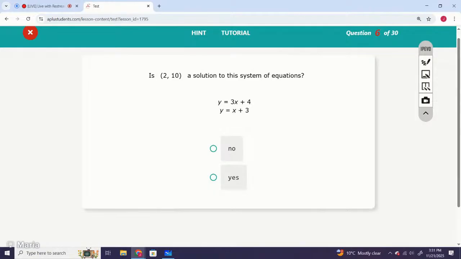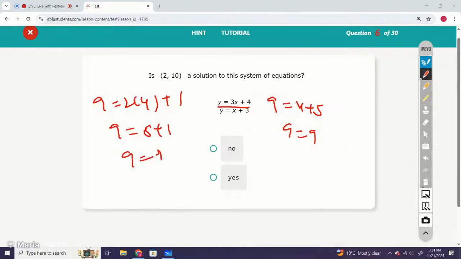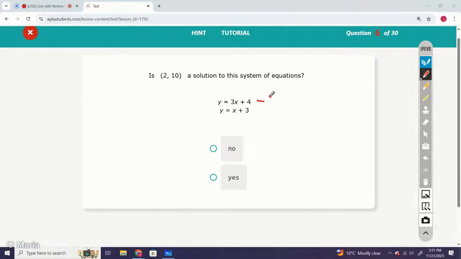Is (2, 10) a solution to the system of equations? So y is 10 and x is 2. Start with the first equation: y is 10, 3 times 2 plus 4. So that is 6 plus 4 equals 10, 10 is equal to 10. So both sides are exactly equal.